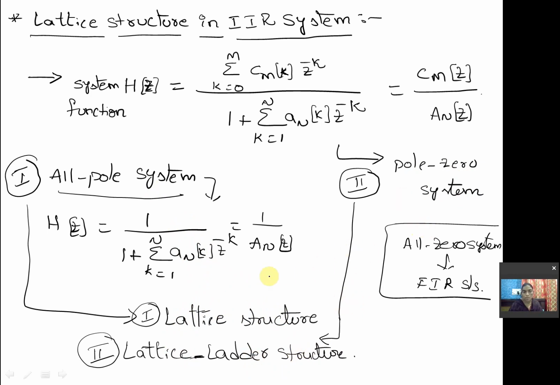The combination of lattice and direct form is said to be the lattice ladder structure. Very simple. If you understand the FIR system lattice structure, this IIR lattice structure is very easy to understand and to implement. Now see how we will start.